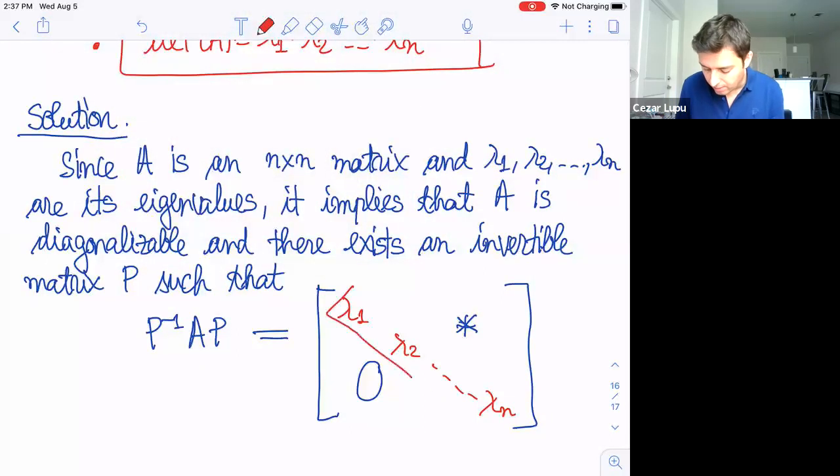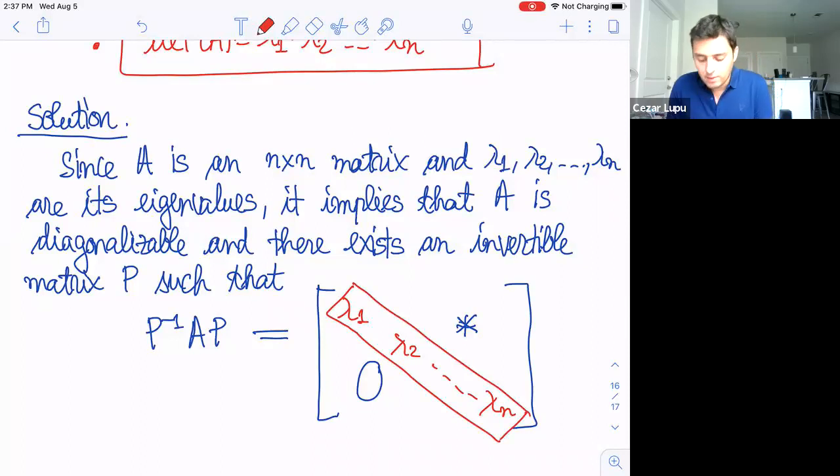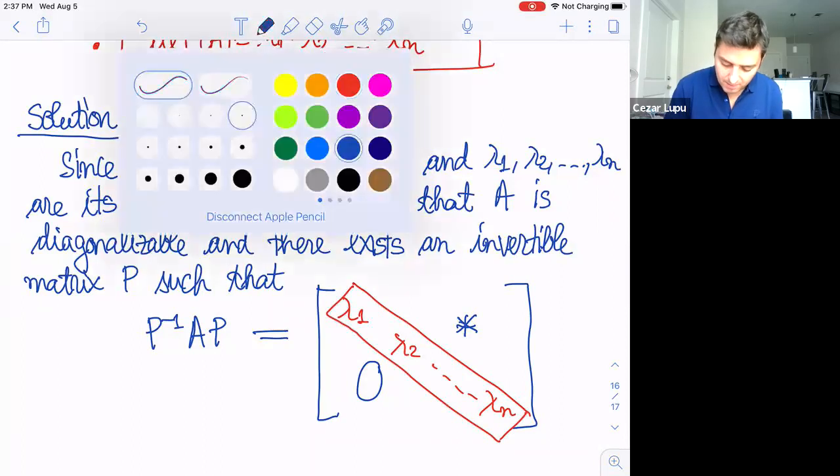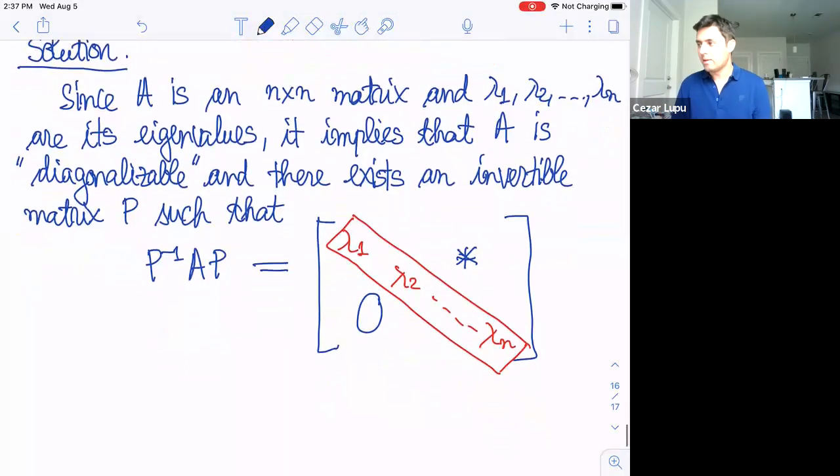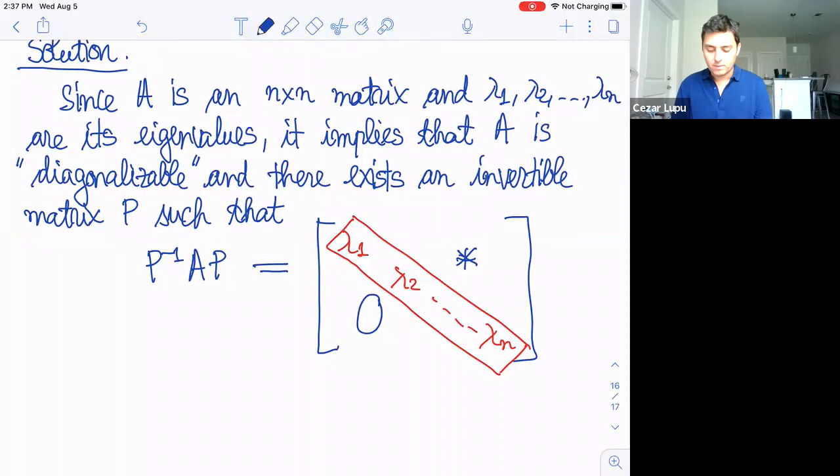What matters is that you can write it like this. So it can be triangularized because it's not quite diagonal, right? It's almost diagonal. The point of the matter is that you'll have the eigenvalues on its main diagonal. And now it's quite clear.